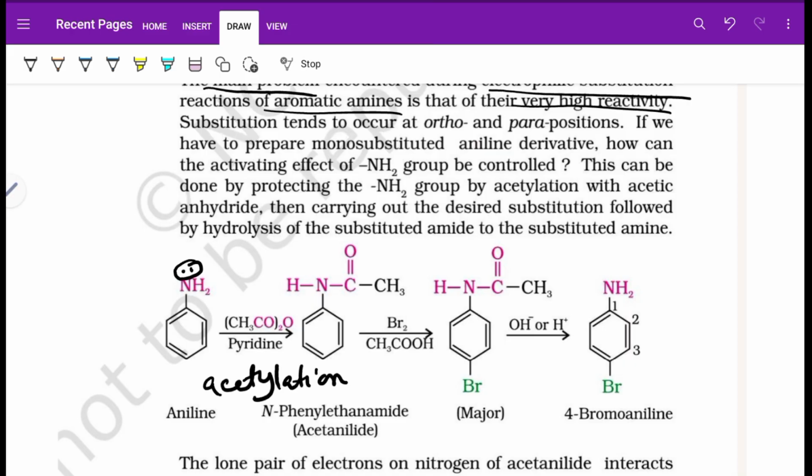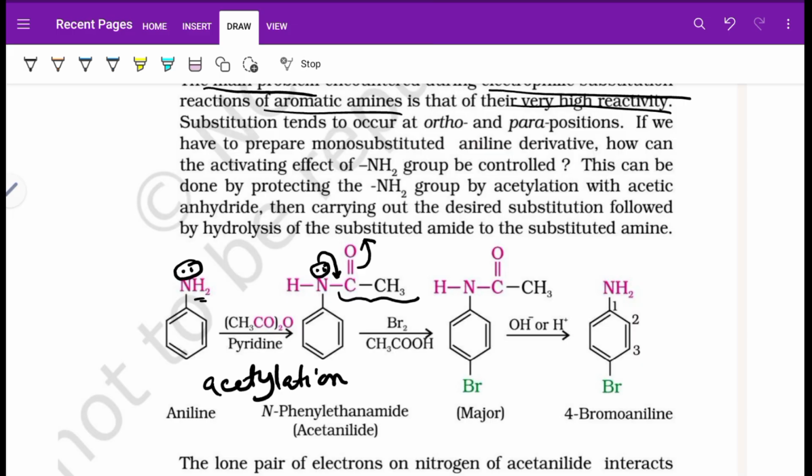By the method of acetylation, bringing an acetyl group in place of H actually reduces what? The activity over the benzene ring due to external conjugation. See, this lone pair is now into external conjugation and the electron density in the benzene ring is somewhat reduced.